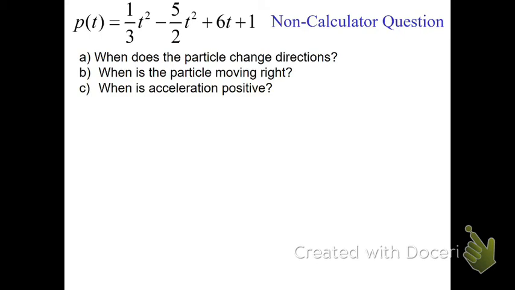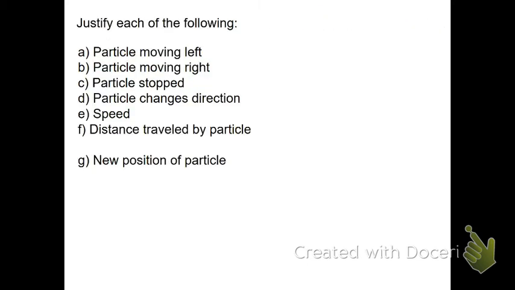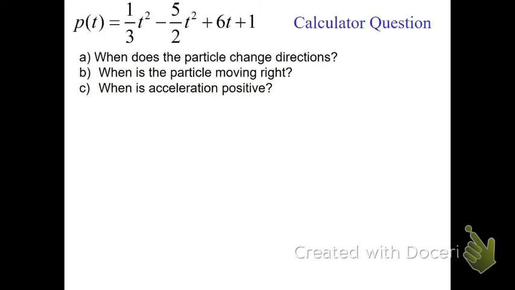So the first thing you should do, if I give you position, is first find velocity. Okay, I messed that up. Here we are. Okay, back to the calculator question. So first I'm going to find velocity. Technical difficulties. So the velocity would be the derivative of position. So I do the derivative.